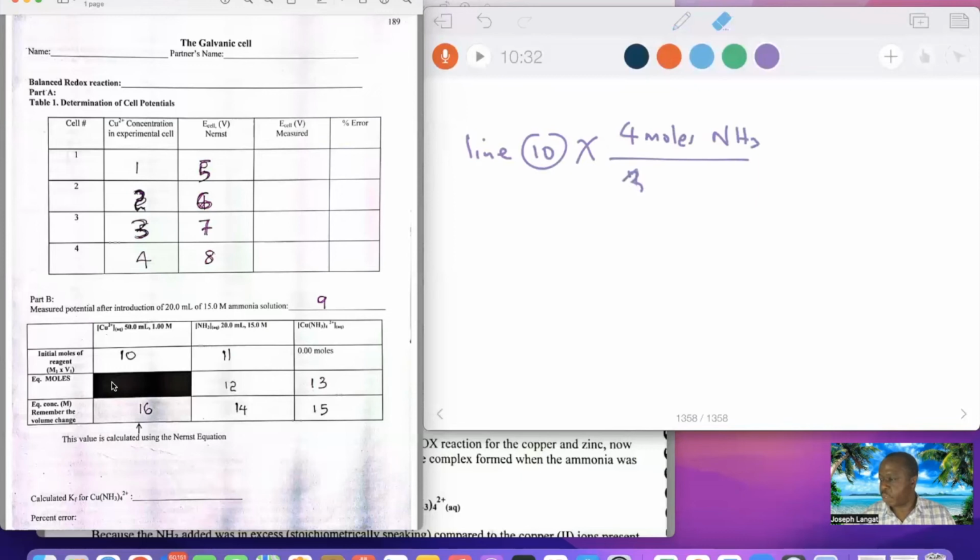This is 1 mole, not 3, 4. And this will give us, let's say, x moles of NH3 consumed.